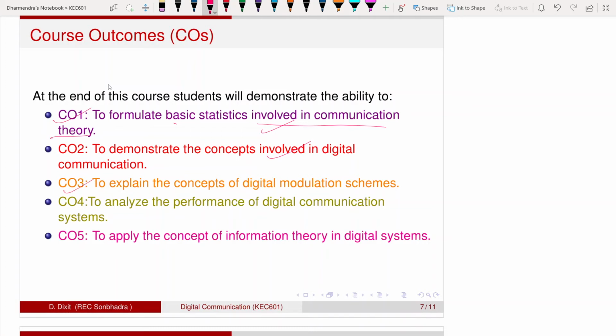The third course outcome is related to the third unit, to explain the concept of digital modulation schemes. The fourth outcome is related to the fourth unit. After studying the fourth unit, we will be able to analyze the performance of digital communication systems in terms of bit error rate of several digital modulation schemes. And after studying the fifth unit, you will be able to understand the concept of information theory in digital systems.